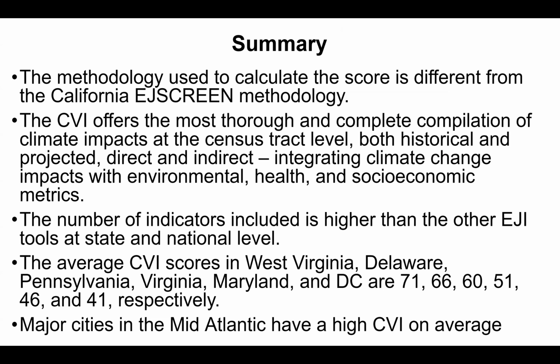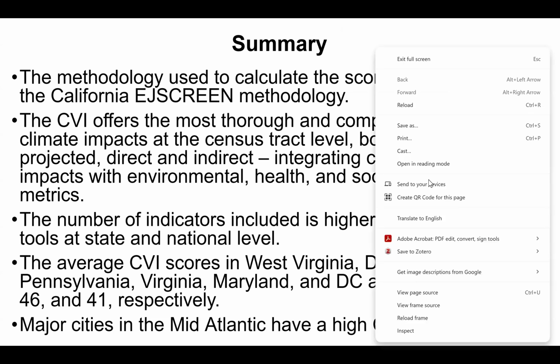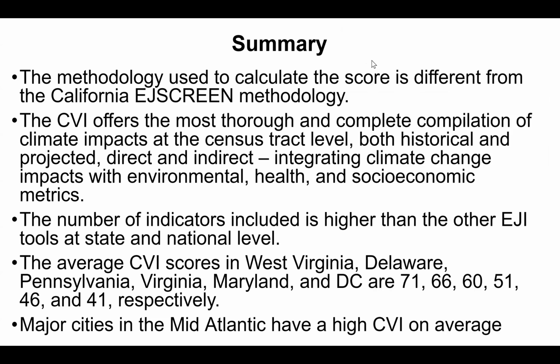So the CVI offers the most thorough and complete compilation of climate impacts at the census tract level, both historical, projected, direct, and indirect, integrating climate change impacts with the environment, health, and socioeconomic metrics. The number of indicators included is very high compared to other tools. The average scores in West Virginia, Delaware, Pennsylvania, Virginia, Maryland, DC are 71, 66, 60, 51, 46, and 41.